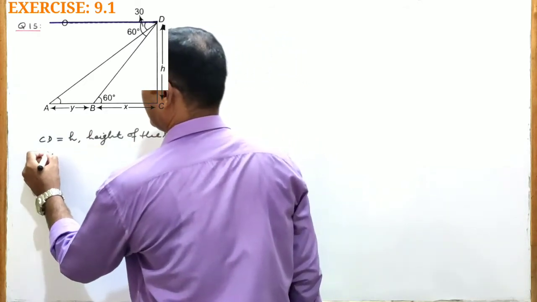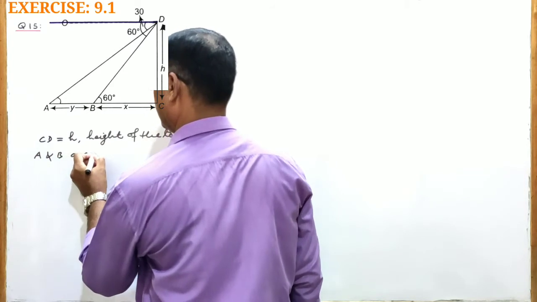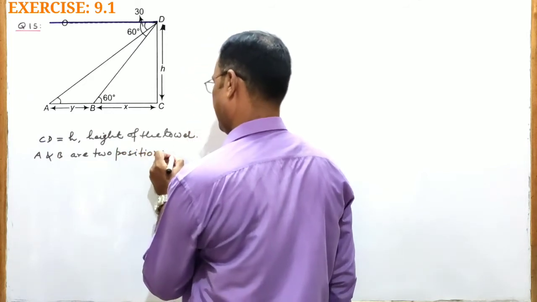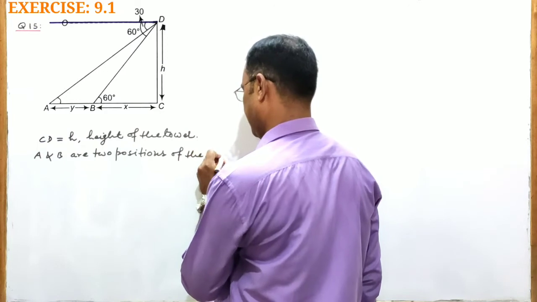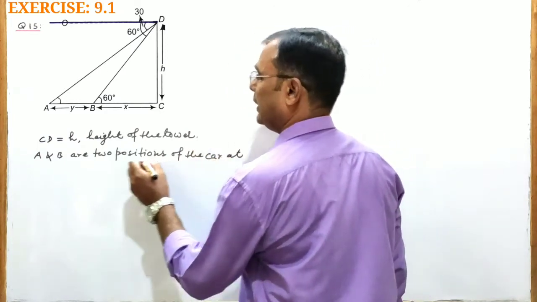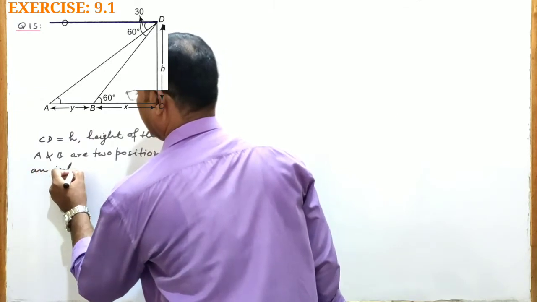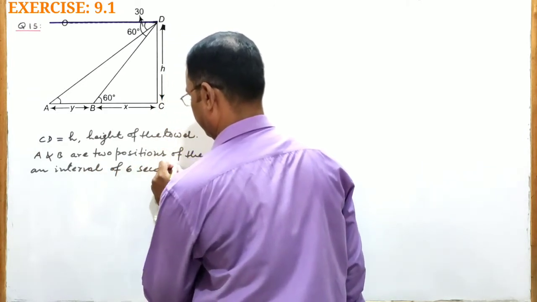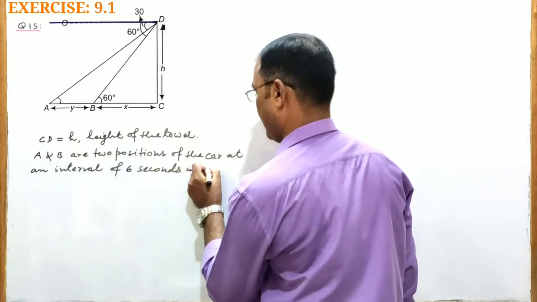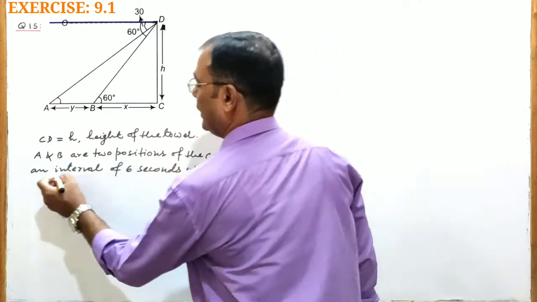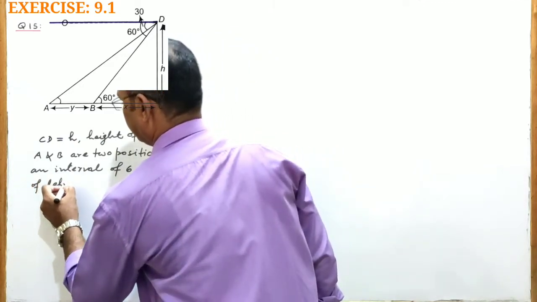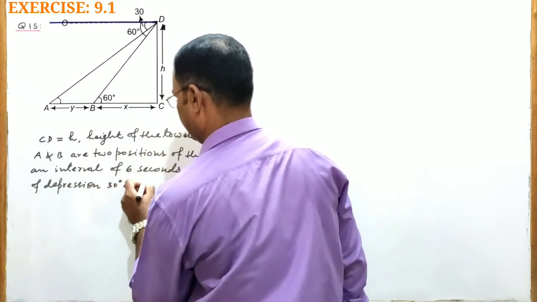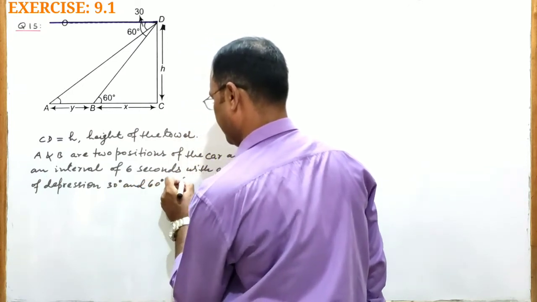A and B are two positions of the car at an interval of 6 seconds with angles of depression 30 degrees and 60 degrees respectively.